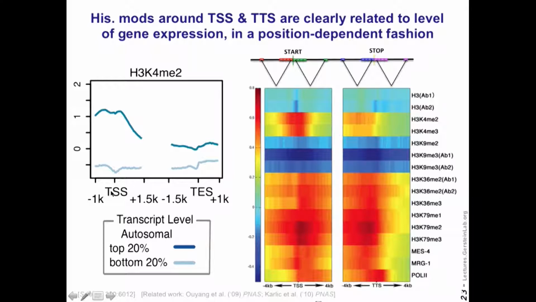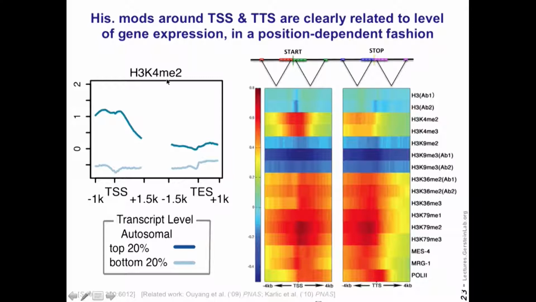This picture shows that value averaged for the highly expressed genes and the lowly expressed genes. And it's obvious from looking at the picture that the highly expressed genes tend to have lots of this mark upstream and the lowly expressed ones don't.